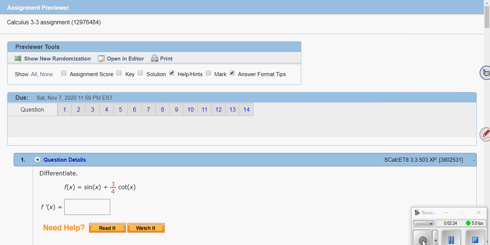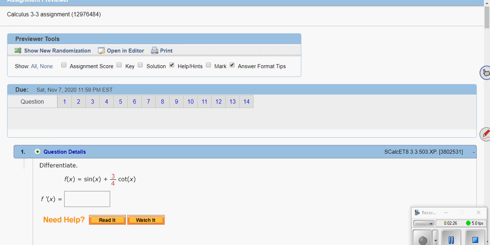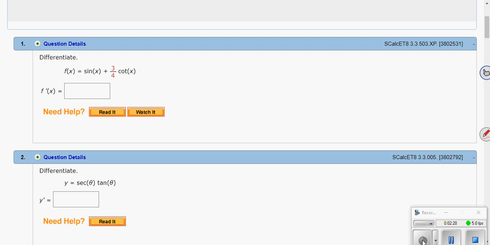So this first one, we are supposed to differentiate. Remember, when you're adding two things together, you differentiate each term separately. So the derivative of sine x is just cosine x, plus 3/4 times the derivative of cotangent x.